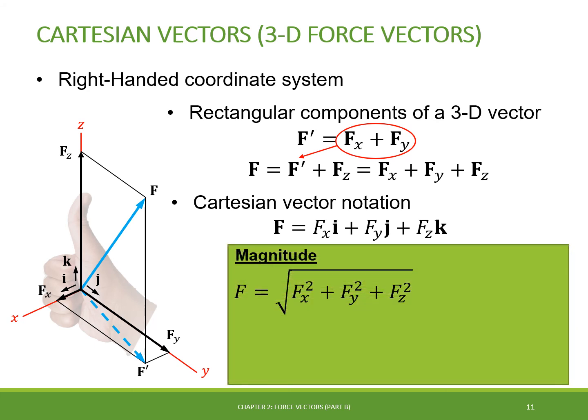Once we have done all of this, we can calculate the magnitude of F from trigonometry, which is equal to the positive square root of the sum of the squares of its components.